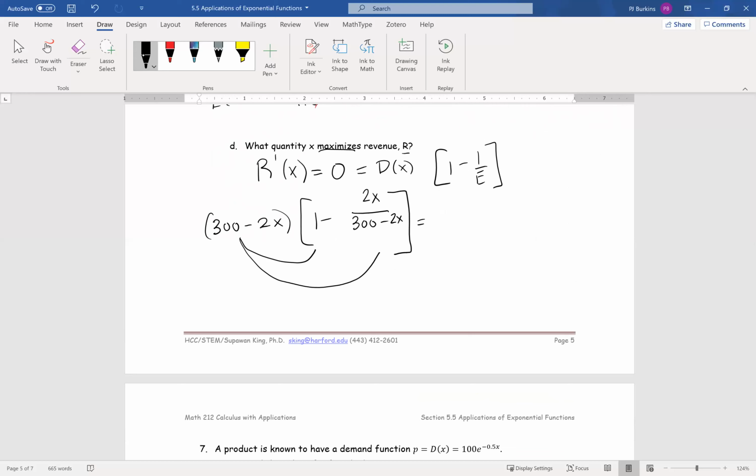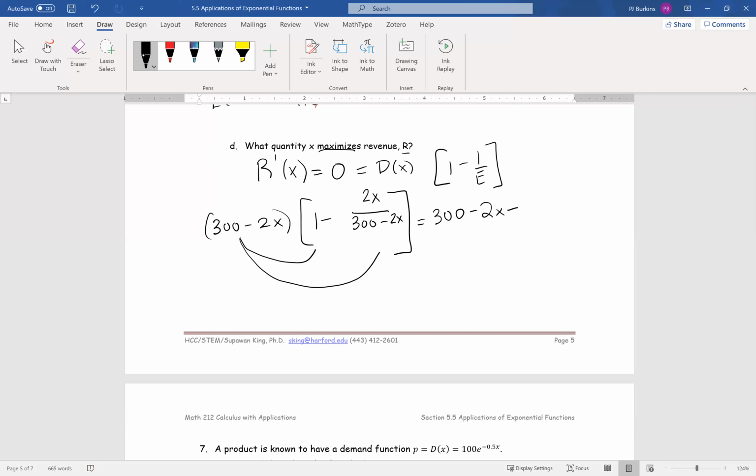And then if I distribute, this would be 300 minus 2x times 1, so that you get back itself, minus, or actually we have negative times negative, so it'd be plus, I'm sorry, this would be minus. There we go.